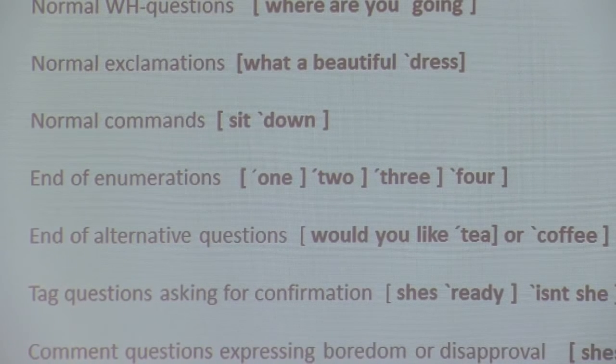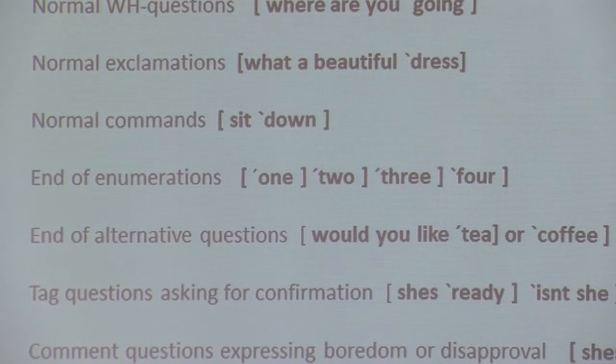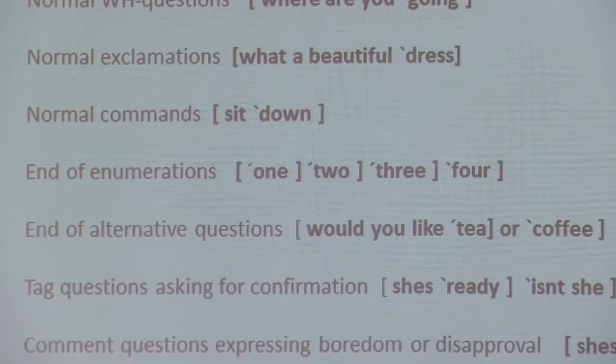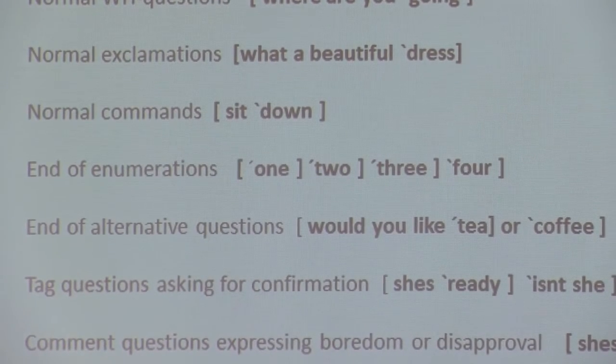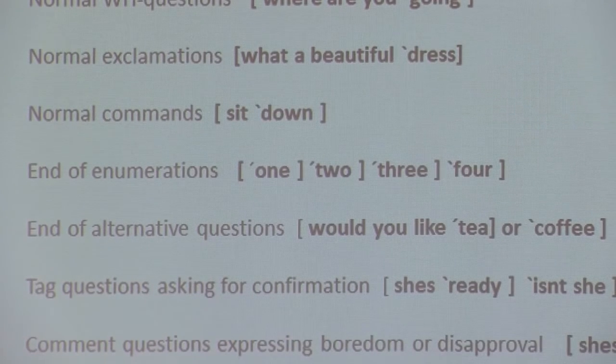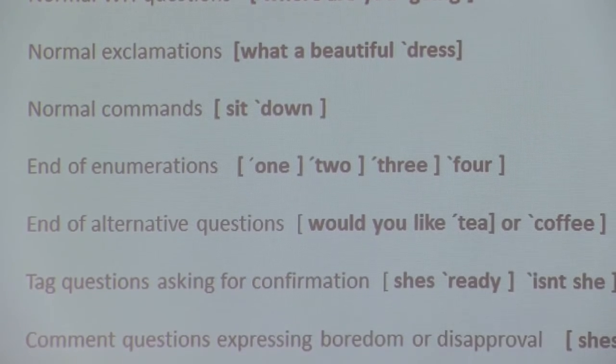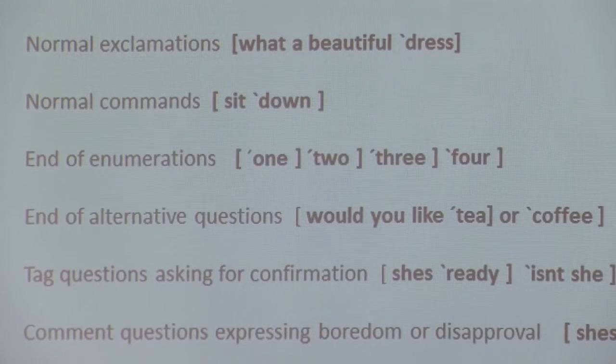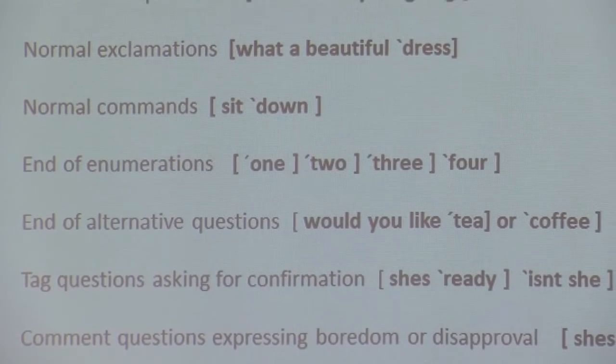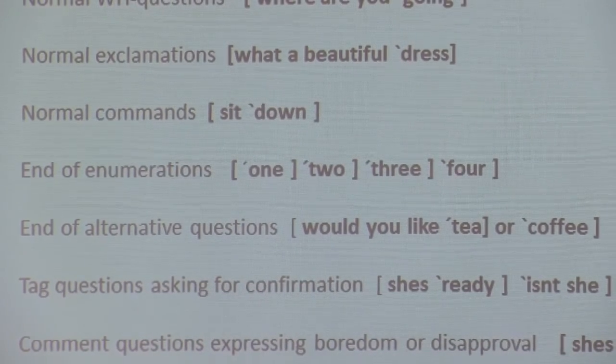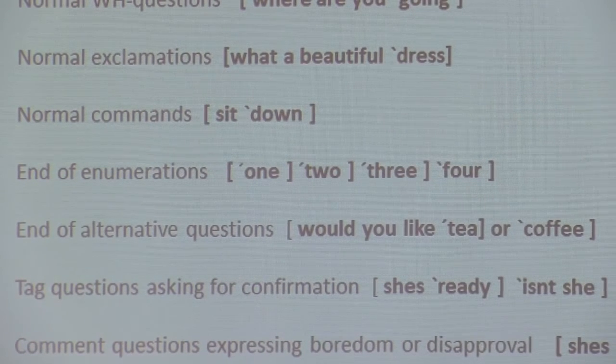And we can hear from the downward pitch that we're at the end of the enumeration. Otherwise, we will be waiting to hear something more. For example, 1, 2, 3. Yeah, we can hear something is coming. But when we use the downward pitch, we know the information is finished. 1, 2, 3, 4.